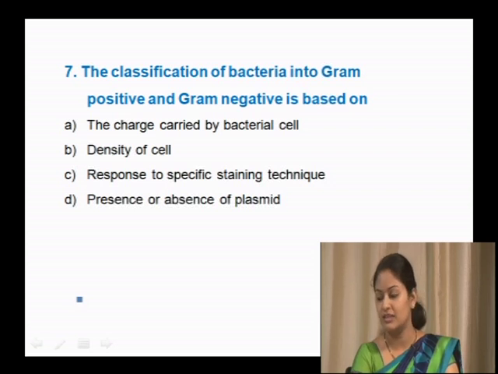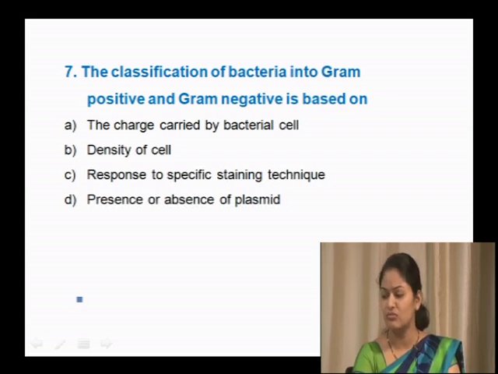So the bacterium which has got more peptidoglycan and less amount of lipid will be showing the purple color, and you consider those bacterium as gram positive. Gram negative bacterium is those which has got less peptidoglycan and more lipid, and after counter staining it appears pink.